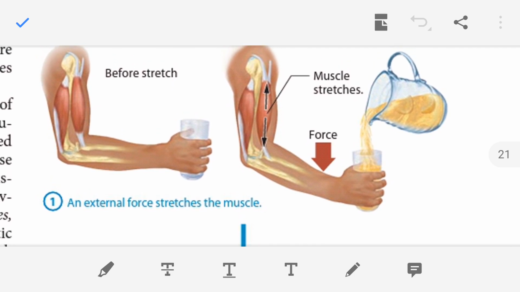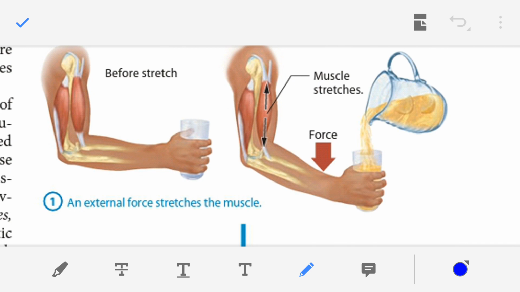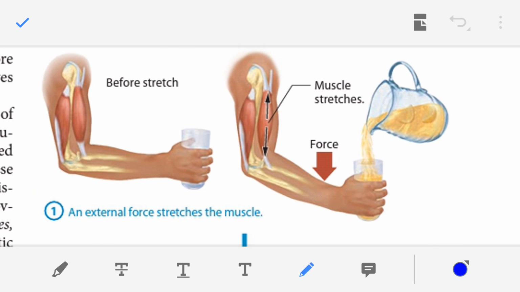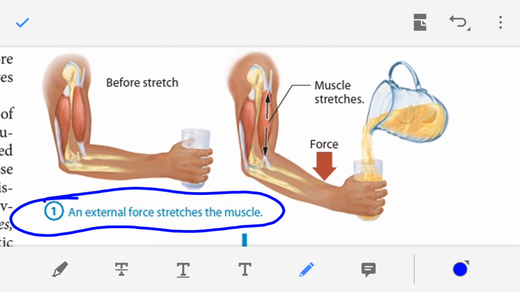Here, as the orange juice is poured, your bicep muscle is stretching. So an external force, in this case the orange juice, is stretching the muscle.